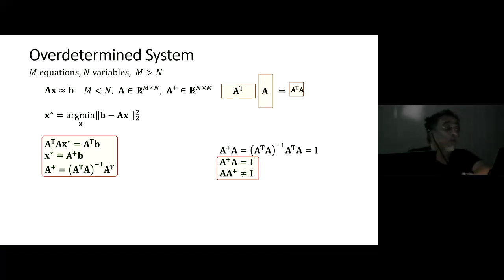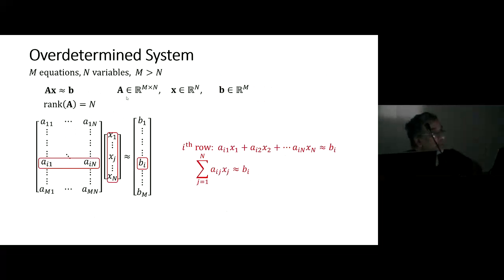Because it's full rank, here I said M is more than N. Oh, I see what you're saying. What you're saying is, this is full column rank. So you'll have dependent variables, correct?